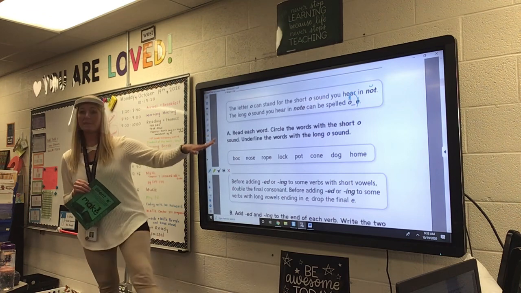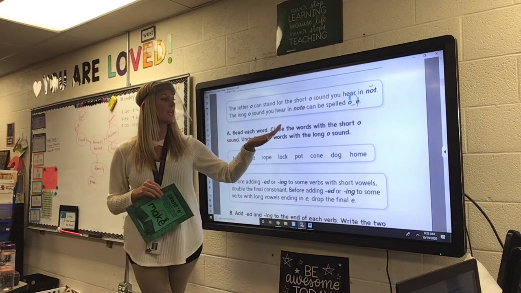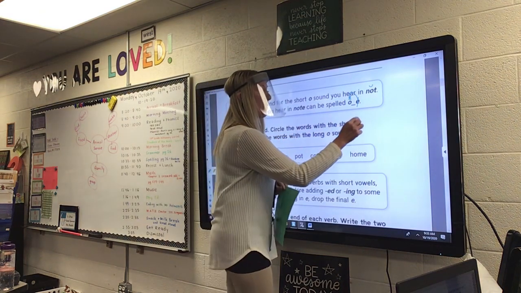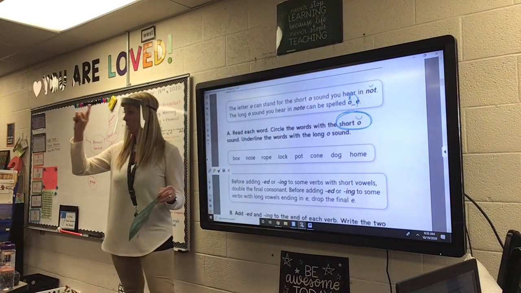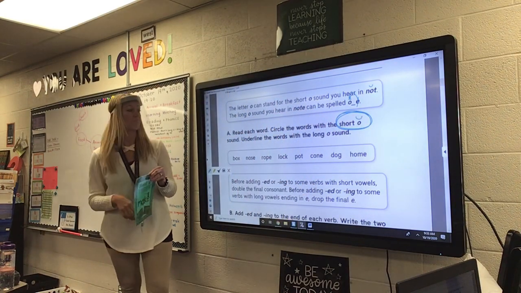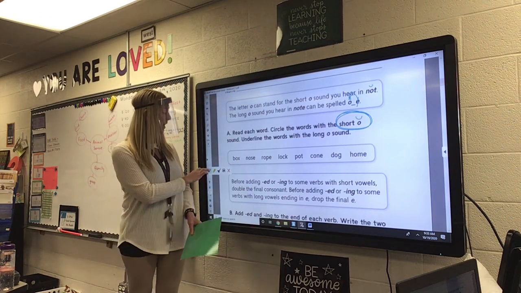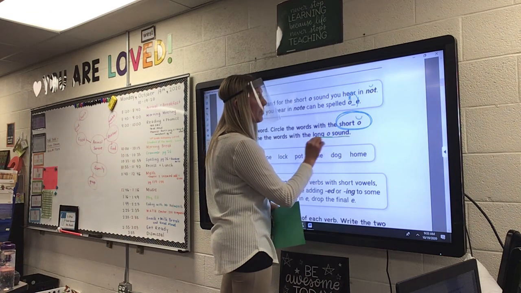So on this first section, A, we're going to read each word. You are going to circle the words with a short O sound. So if it's a short O, if there's only one O, you're going to circle it. You are going to underline the words with a long O sound. So if it's a long O, we're going to underline.